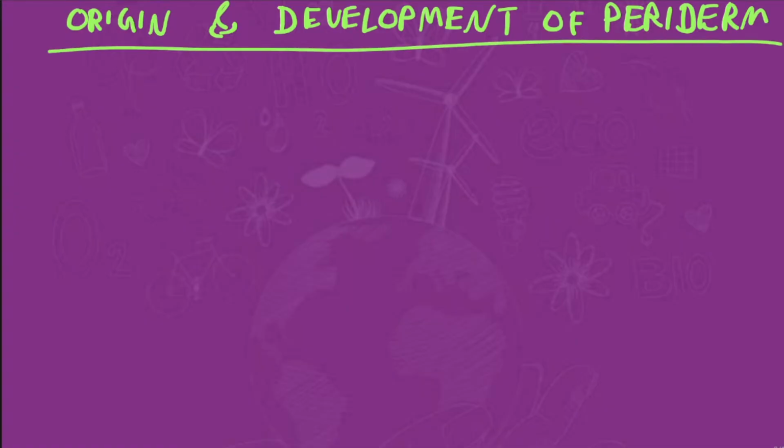Origin and development of periderm. The phellogen may differentiate in a living epidermal, collenchyma or parenchyma cell.